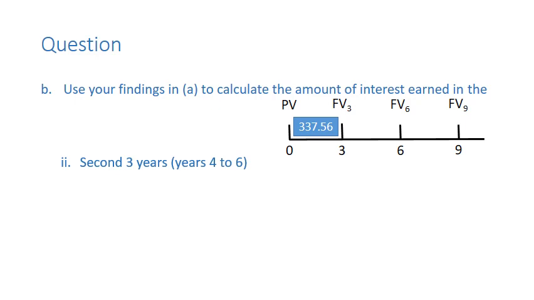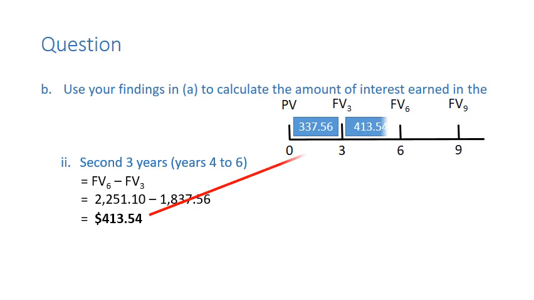Interest for the second 3 years is future value at the end of year 6 minus future value at the end of year 3. 2.2K minus 1.8K gives you 413.54. This is the interest earned in the next 3 years.